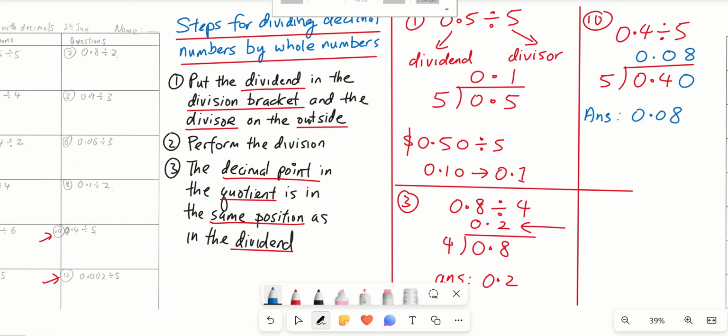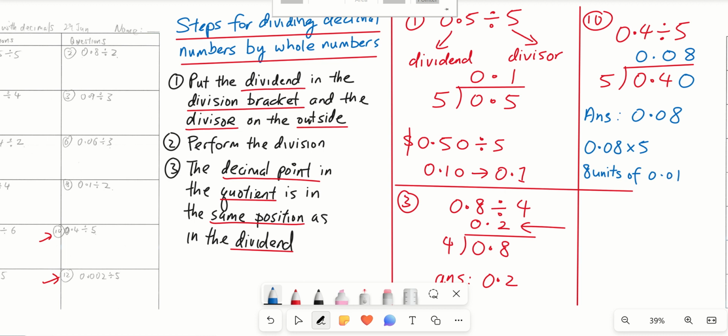0.08. Now, you can test to see whether this answer is correct by checking to see if 0.08 times 5 gets me back 0.4. Now, 0.08 is 8 units of 0.01.